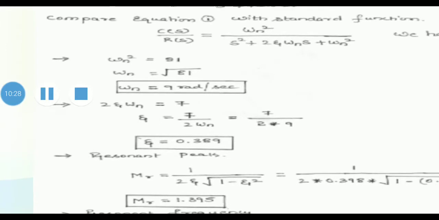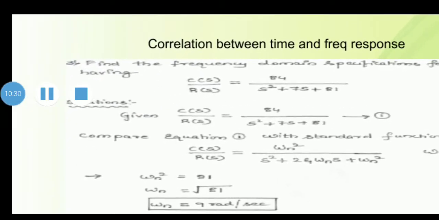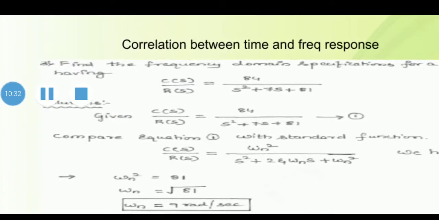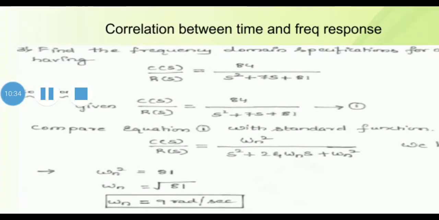So we'll go for the solution. Given C(s) by R(s) is equal to 84 divided by s square plus 7s plus 81.